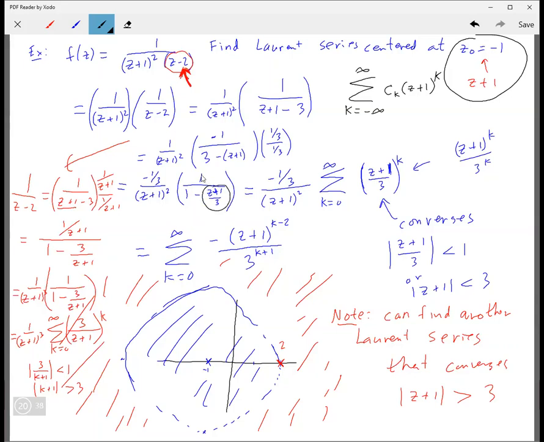So what you're looking for is basically 1 over 1 plus something, and you have to have a 1 there and a 1 there.